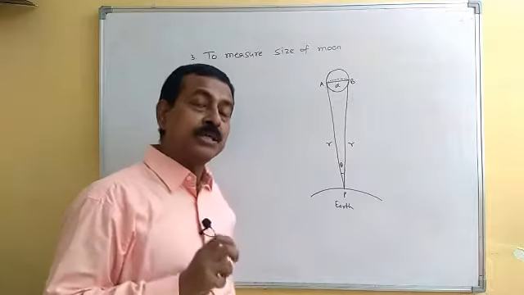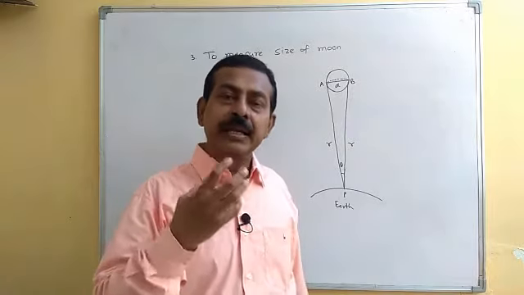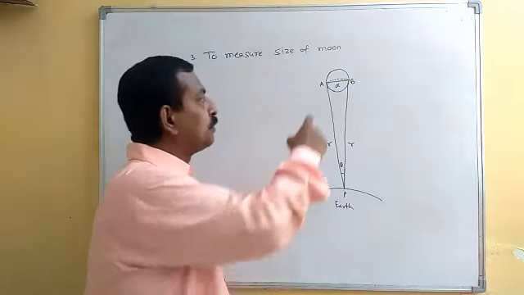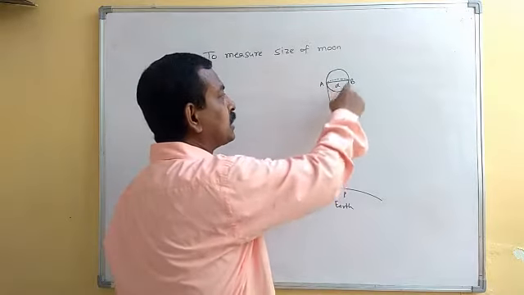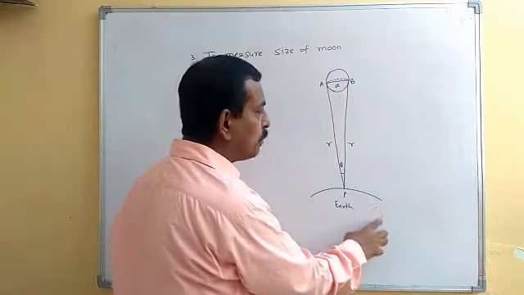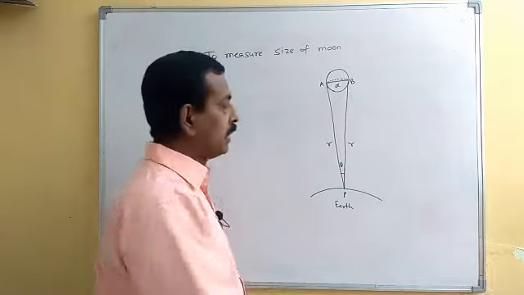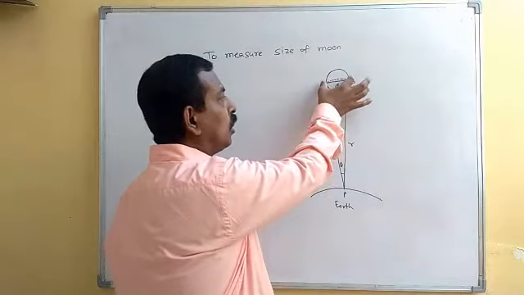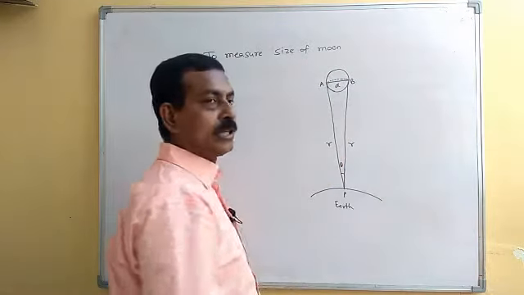Suppose we want to measure the size of the moon or any nearby planet. So for that, what we do, suppose we have to measure the size of the moon. So we'll observe it from any point on Earth. Say it is P, and we take observation of its diametrically opposite points.